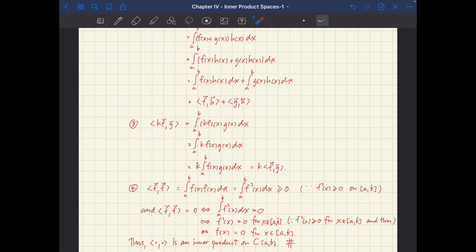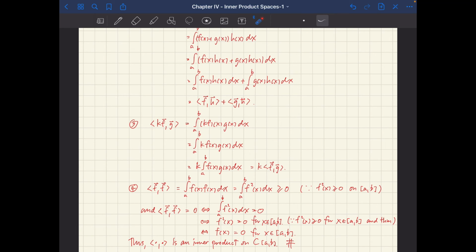Why? Because we use the previous lemma, right? We know that the square of the function is greater than or equal to 0, and this function is continuous. Why? Because f is continuous, so the square of f is also continuous.